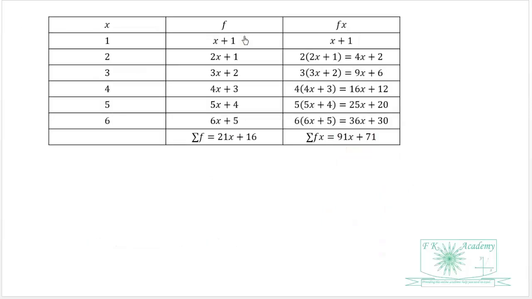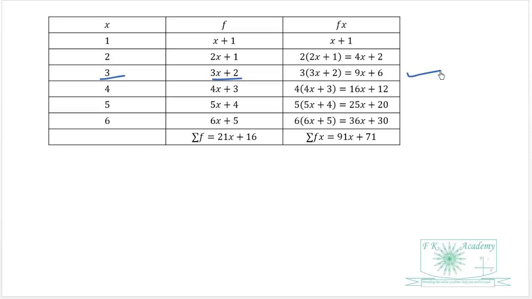So when we multiply 1 by x plus 1, we get x plus 1. 2 times 2x plus 1, then we expand to get 4x plus 2. 3 times 3x plus 2, we expand to get 9x plus 6.